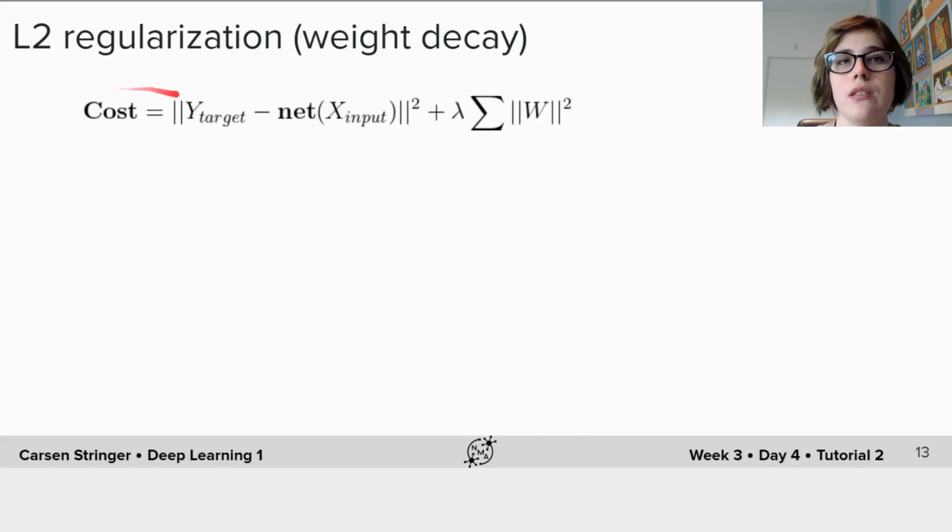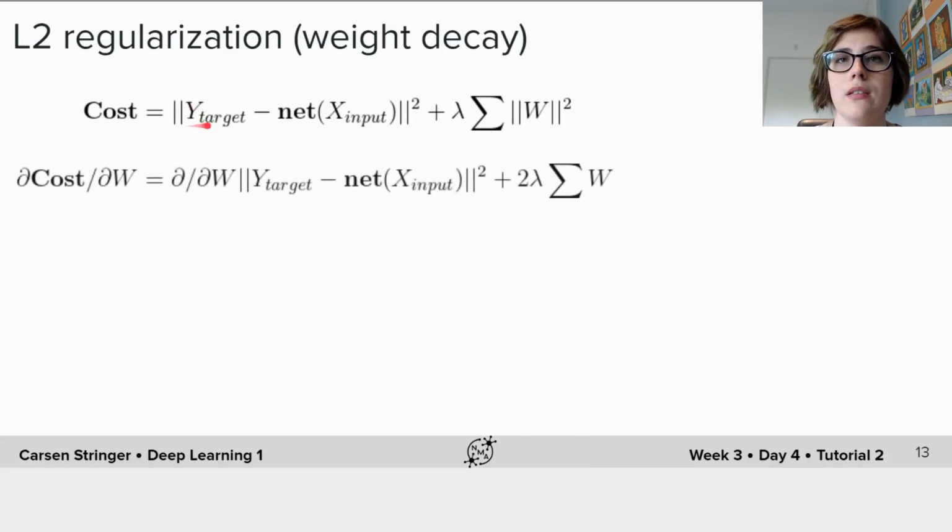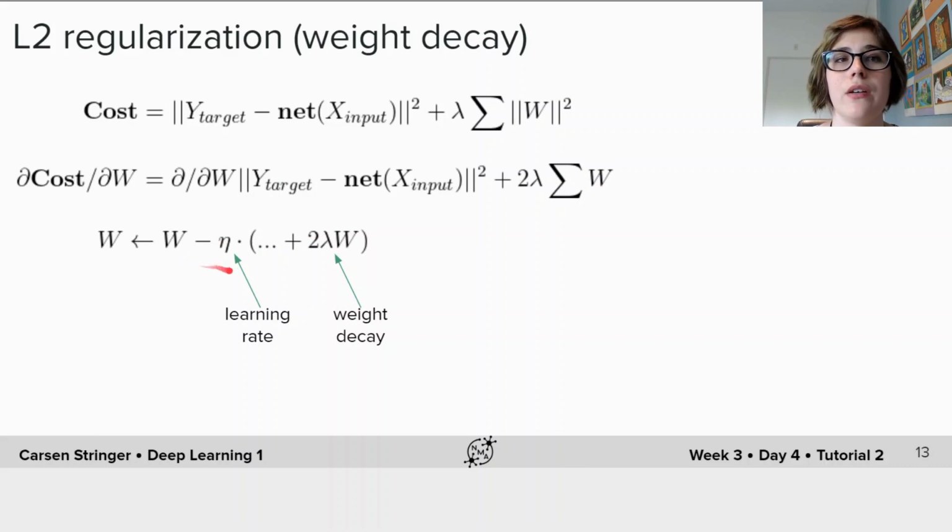So if we differentiate this cost function, we get the first term, which is our usual gradient of the loss function with respect to our weight W, plus a term that's 2 times lambda times the sum of the weights. So for a given weight, the update is going to be subtracting our original loss gradient, plus subtracting the term that's proportional to the weight itself.